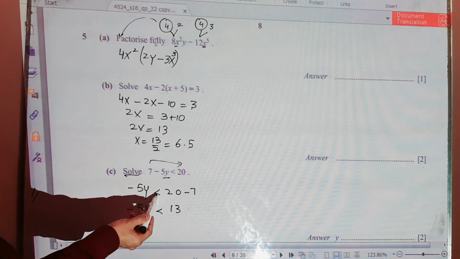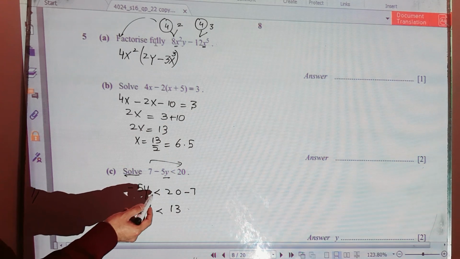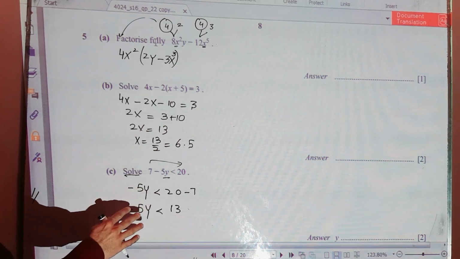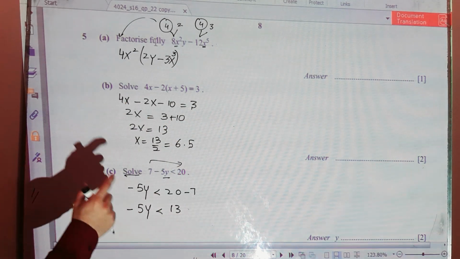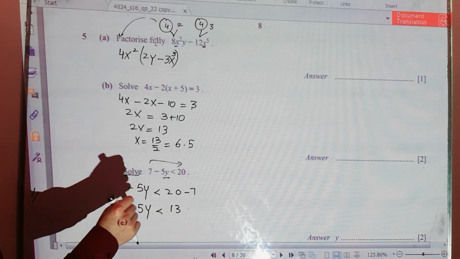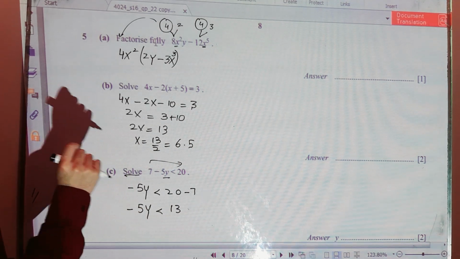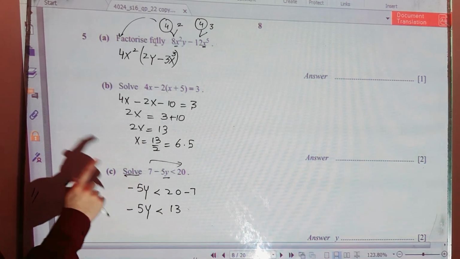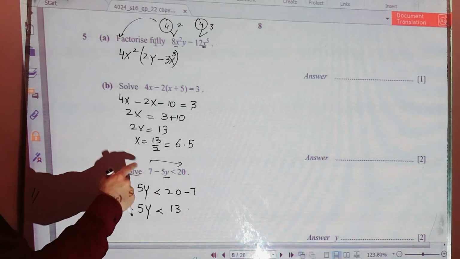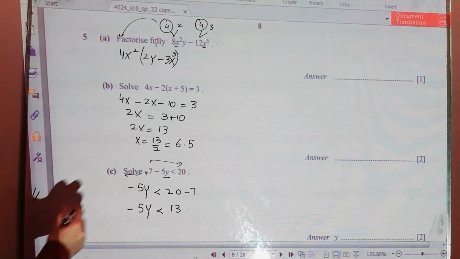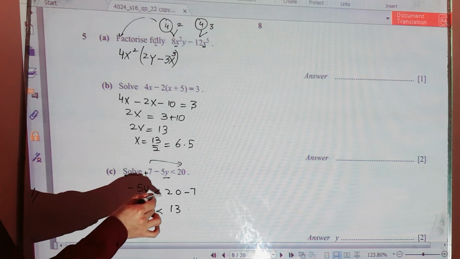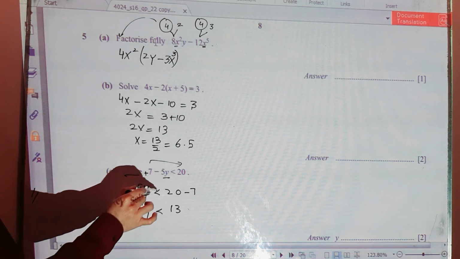We need to change the sign of this inequality when you shift a negative number on the other side, but that should divide, or that number should multiply the other one. Not in this case. I am shifting plus 7 on the other side, it will become minus 7 without any impact on the sign of inequality. This will remain same.